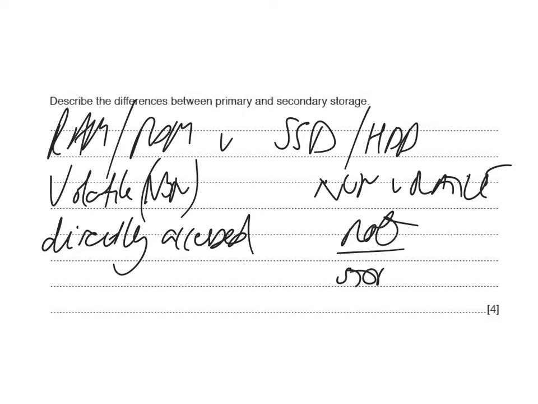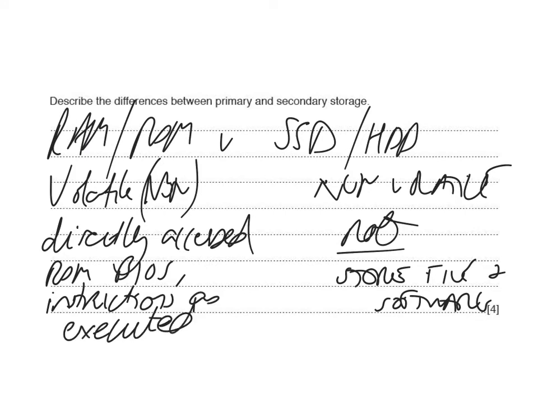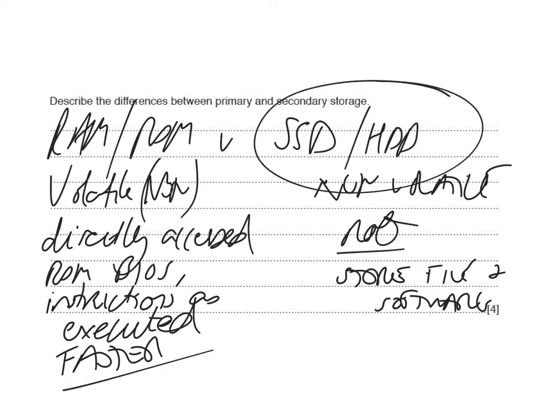Secondary stores files plus software, and ROM is going to store the BIOS and instructions as they're being executed. Faster access over this side for RAM and ROM, immediate and ridiculously fast. Primary is going to be internal. Okay, should be enough to go on there anyway.